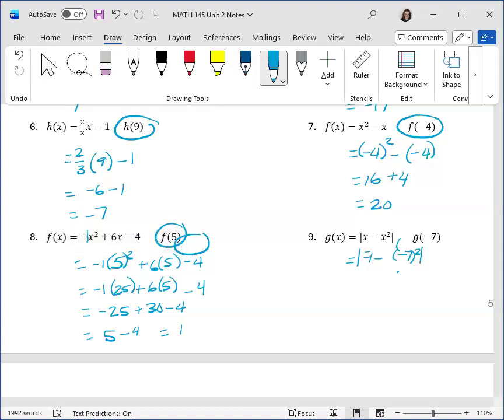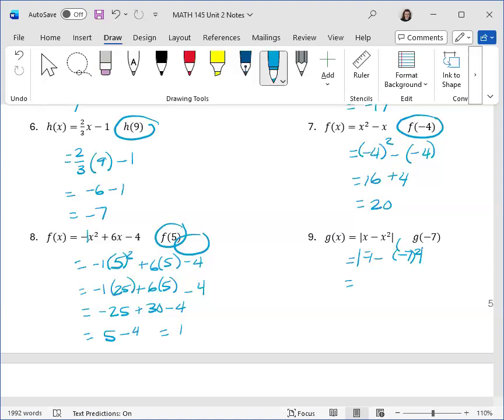So absolute value signs act like parentheses. So I want to evaluate anything that's inside those absolute value signs first, and then take the absolute value of my answer. So again, order of operations, super important here.